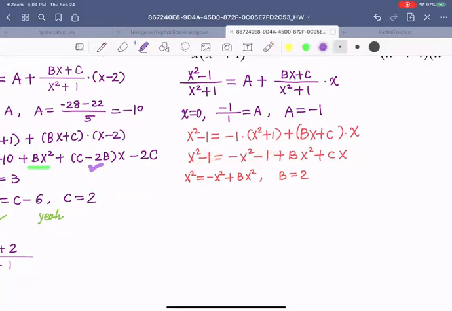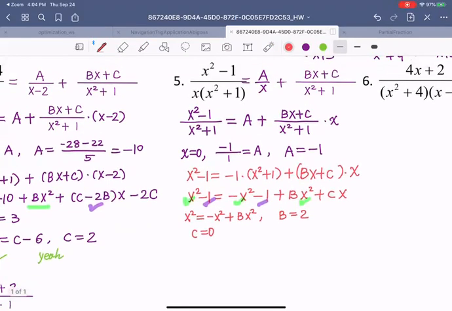So this term is taken care of. -1 was gone. That means c can only be 0. All right.